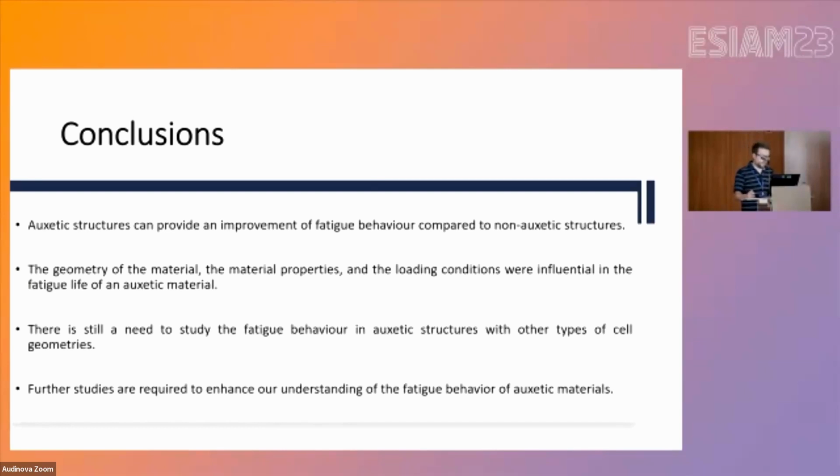And these studies, of course, will help us understand the fatigue life of this material and help us create better materials.